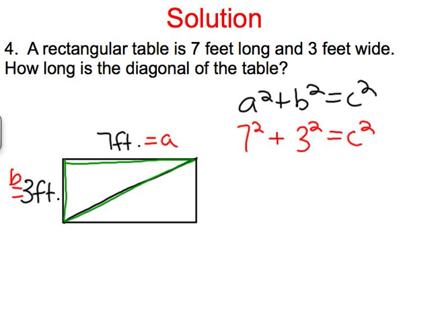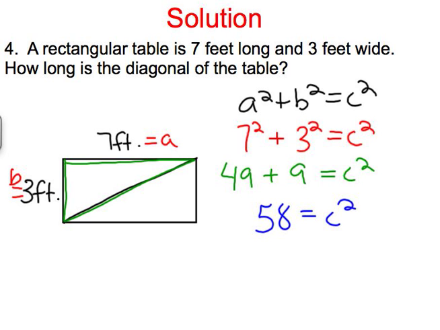Simplify. 7 squared is 49. 3 squared is 9. When we add those together, we get 58. Lastly, we need to take the square root of each side. And our hypotenuse is about 7.6 feet long.